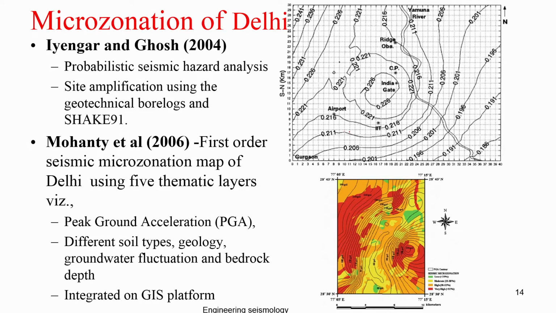They also considered soil amplification using SHAKE. You can see the value of g around the NCR. If somebody considers their house design around this, basically your house may not collapse. This was predicted around 2004, which is roughly 15-16 years back.